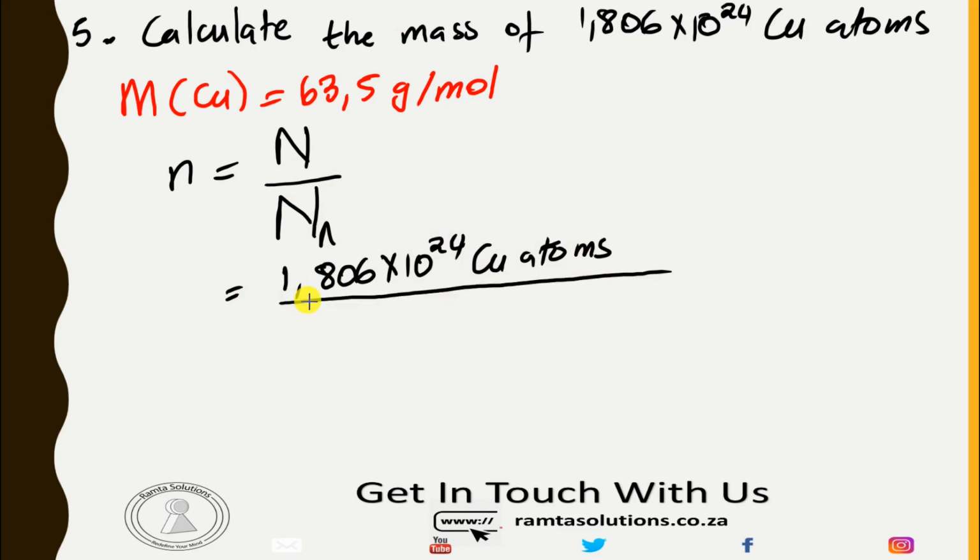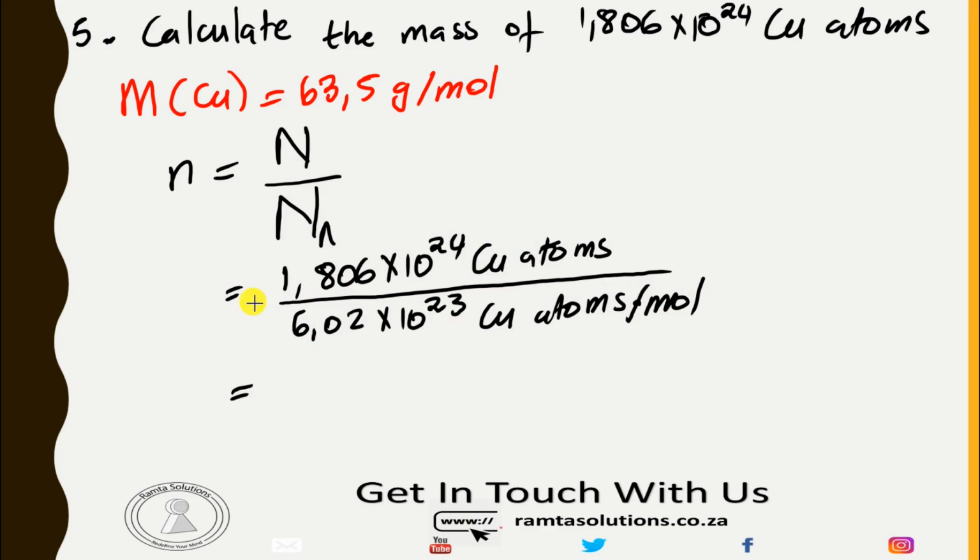Now, Avogadro's number, what will we say? We will say this is 6,02 times 10 to the 23 copper atoms per mole.